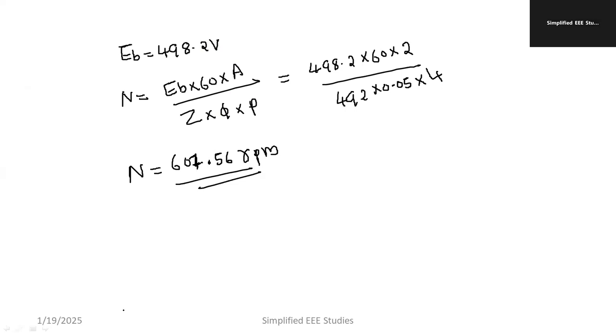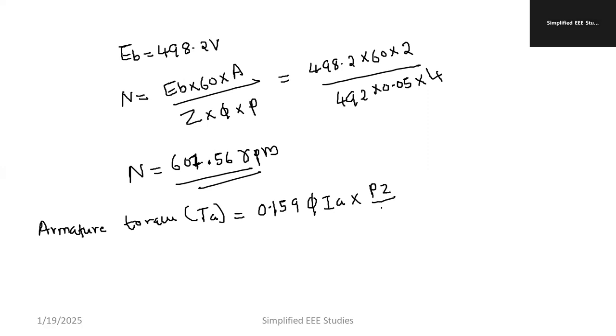Next, I am going to calculate armature torque. How to calculate armature torque? Use the formula TA is equal to 0.159 into phi into IA into P into Z by A. Please substitute all the values: phi is 0.05, which is provided in the question.